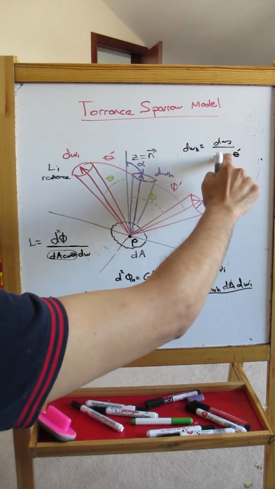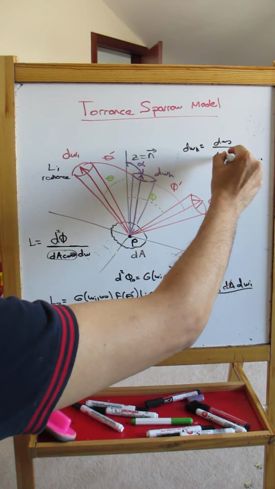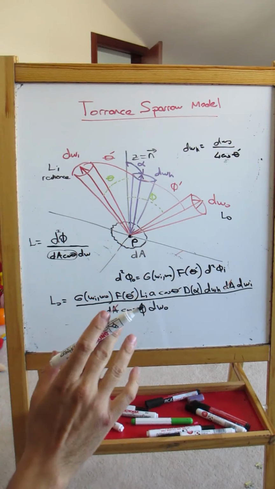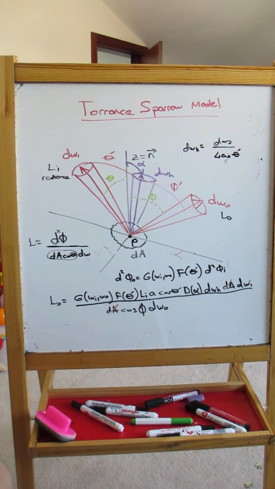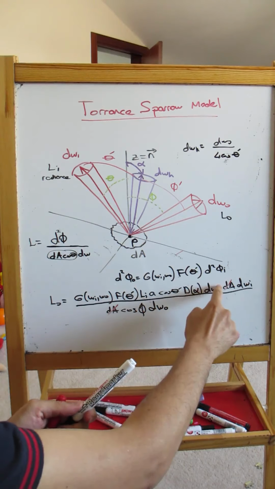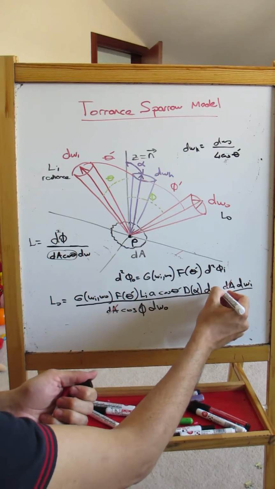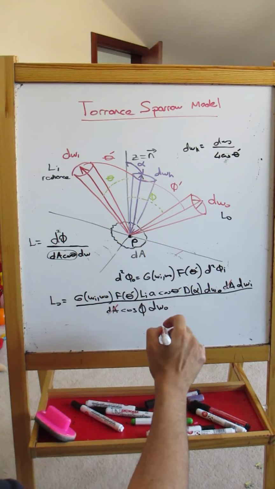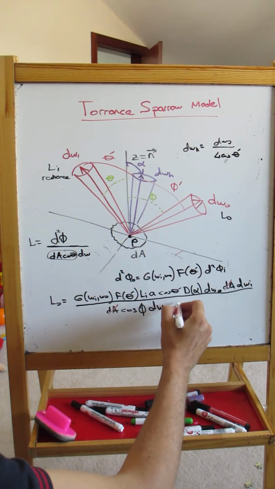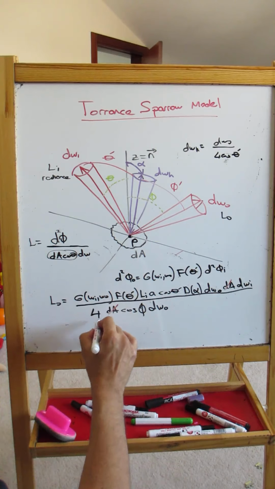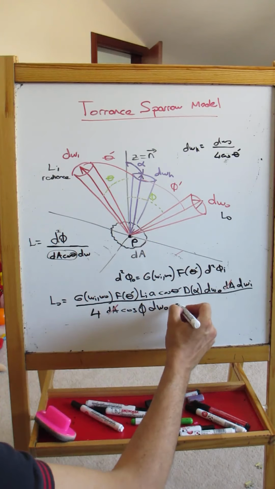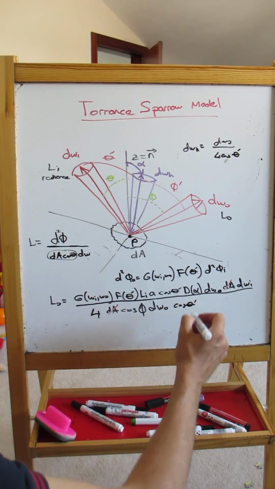So please remember this derivation. Okay, so instead of dWh, we will write this. So I will write here dWo, and here I will write 4, okay, and then cosine theta prime.